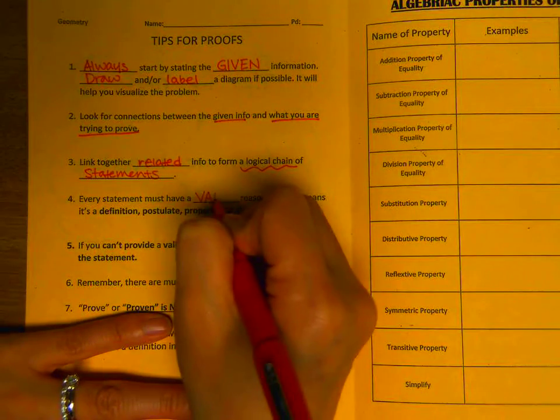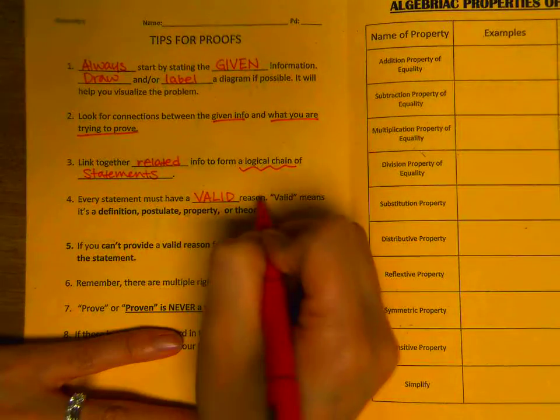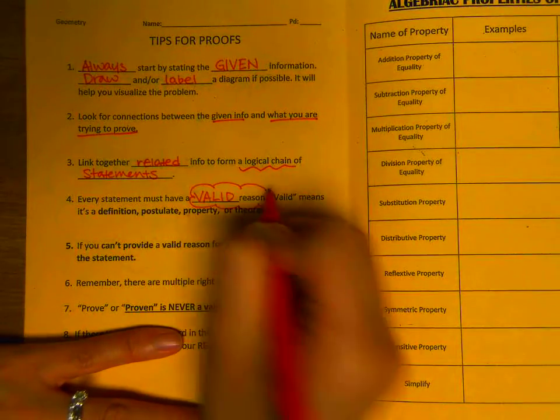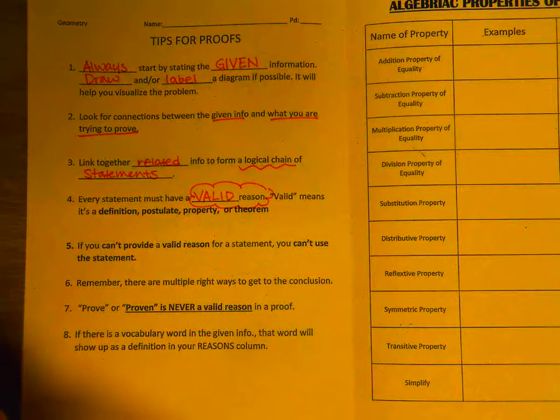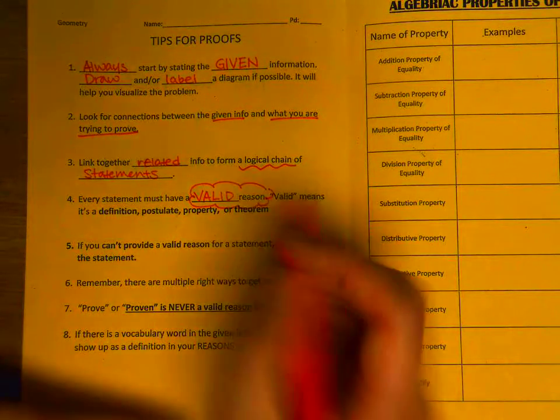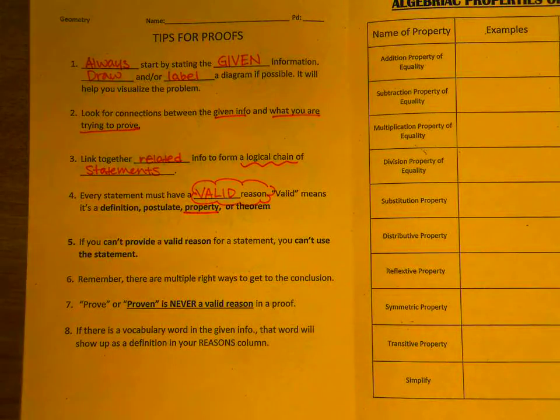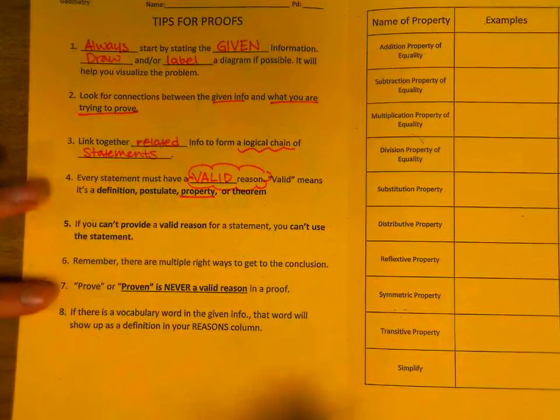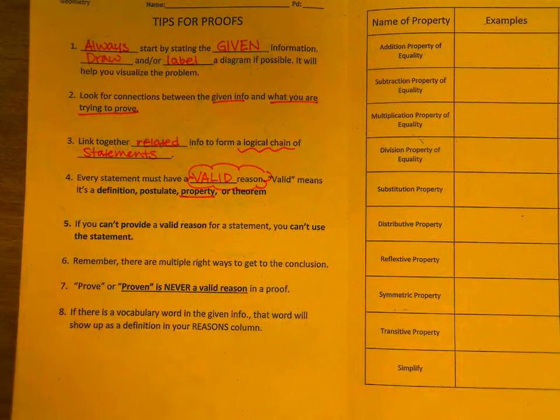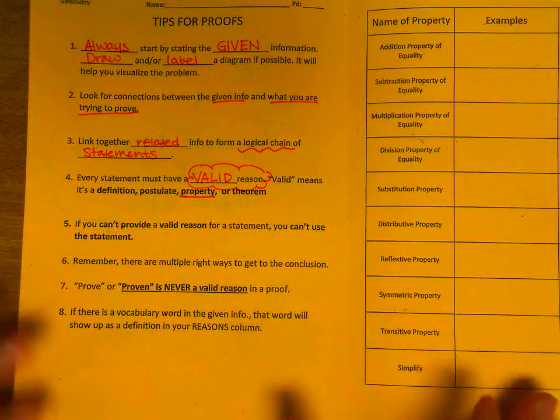Let's write down valid reason. Valid reason means either giving a definition, postulate, property, or theorem. Right now we're just talking about properties for algebra, but in geometry proofs in the next two days we need to use definitions, postulates, and theorems. Step 5, you can write it: valid for the statements, otherwise you cannot use the statements.